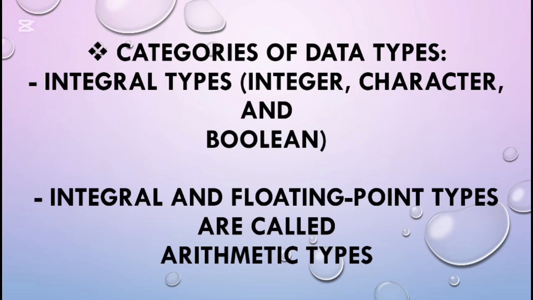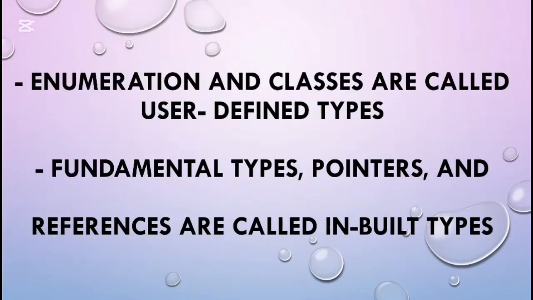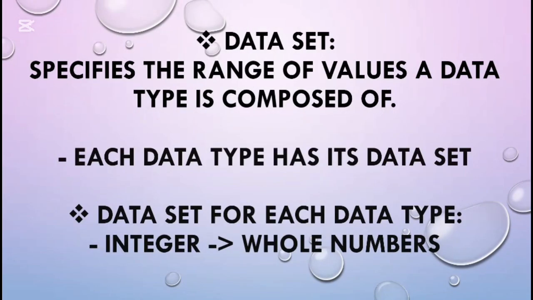Our integral types consist of integer, character, and boolean data types. The floating point also comes in two different types, which we will talk about as we go forward. Enumeration and classes are called user-defined types. Fundamental types, pointers, and references are called inbuilt.